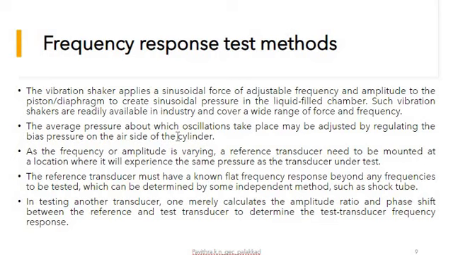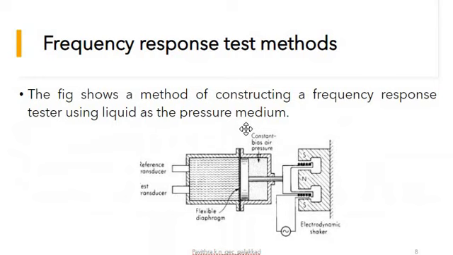The average pressure about which force oscillations take place may be adjusted by regulating the bias pressure on the air side of the cylinder. As the frequency or amplitude varies, a reference transducer needs to be mounted at a location where it will experience the same pressure as the transducer under test. In this figure you can see a reference transducer is there.